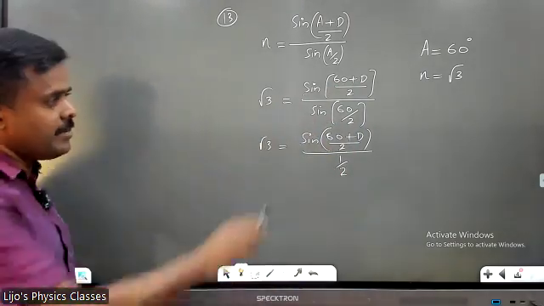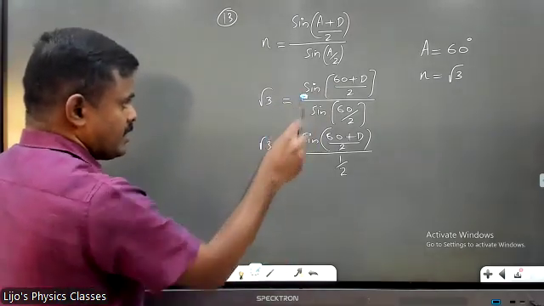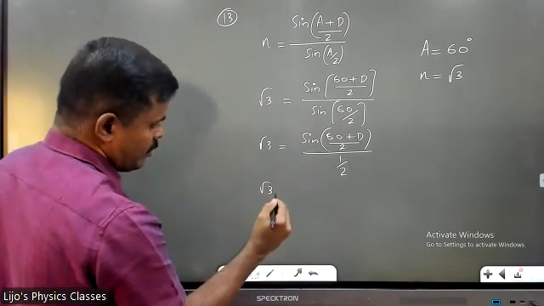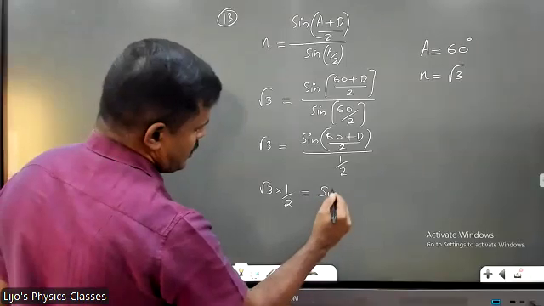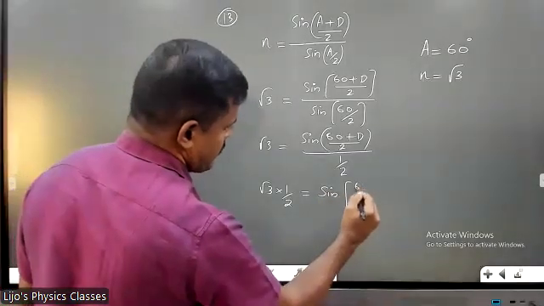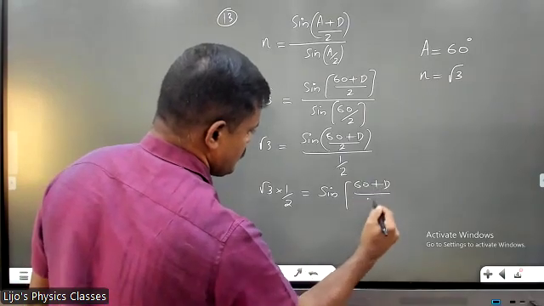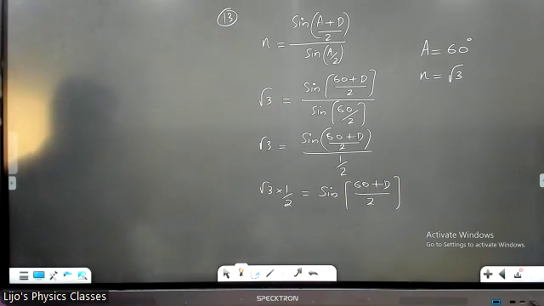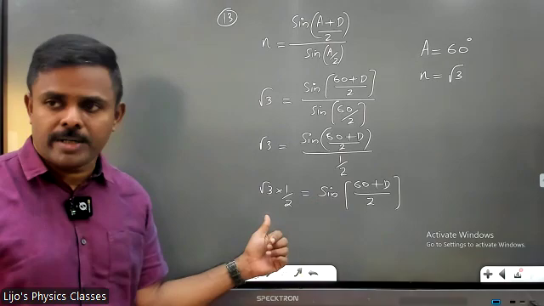Sine of this by sine of this is sine of (A plus D)/2 by sine of A/2. Cross multiply now. What do we get? Root 3 into 1 by 2 is equal to sine of (60 plus D)/2. Sine of what is equal to root 3 by 2?